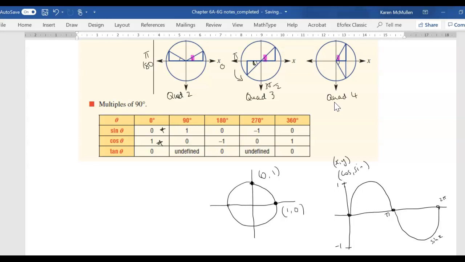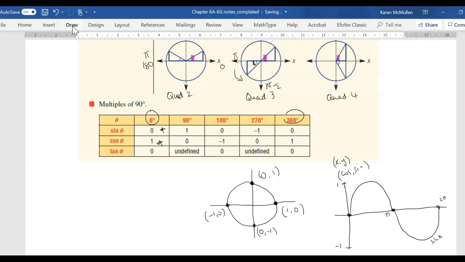At this point here, we are at -1, 0, so cos is -1 and sine is 0 at 180 degrees or pi. Down the bottom, this point here, we're at 0, -1. So at 270 degrees, cos is 0, sine is -1. Then we get back to the start, so 0 and 360 are the same.